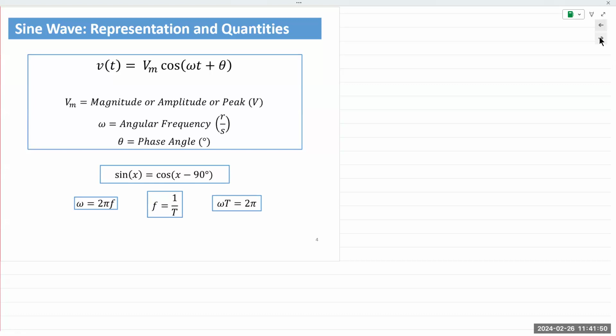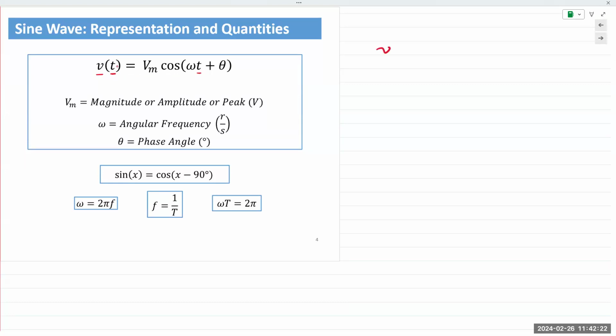The mathematical representation of a sine wave is given by this expression: v of t is Vm cos(omega t plus or minus theta), where t is, of course, the variable, and the quantity is a function of that variable. In this case, it's voltage. And again, as I just mentioned, it could just as easily be current or power.